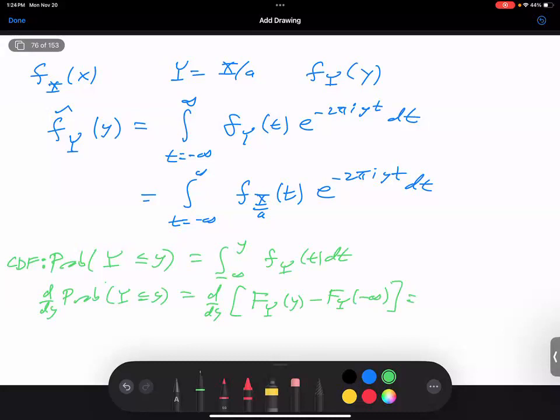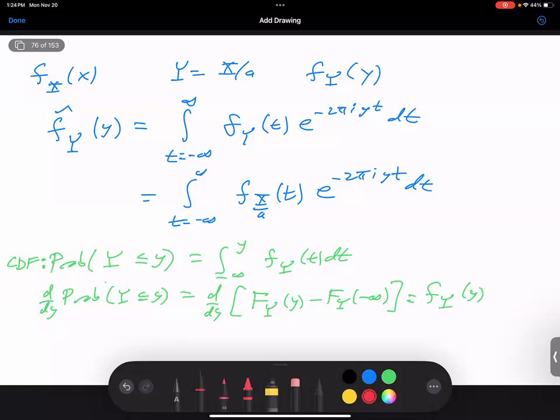What's the derivative of the antiderivative? Just the function, so that'll be fy of y, and the other piece is constant. This is called the CDF method. If I can calculate the probability I take on a value at most a certain amount, then taking the derivative gives me the probability density function.